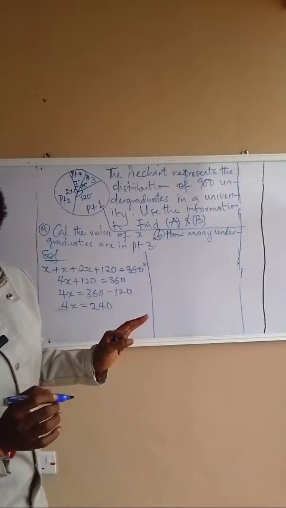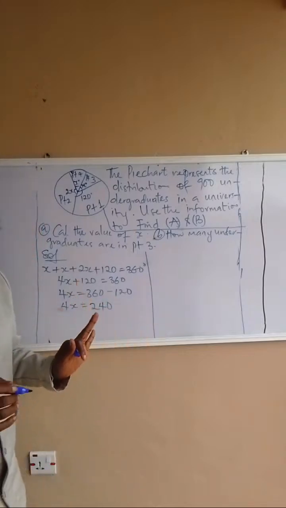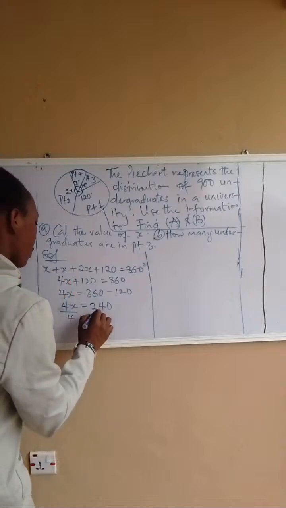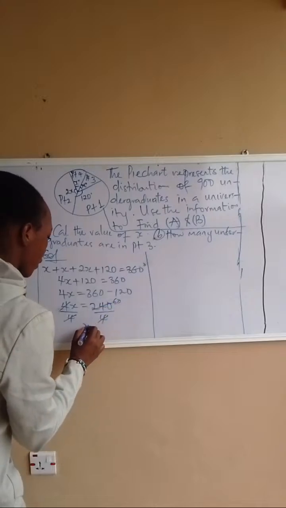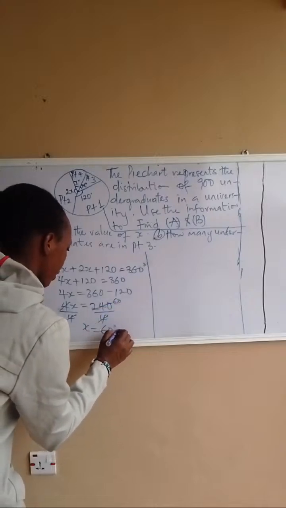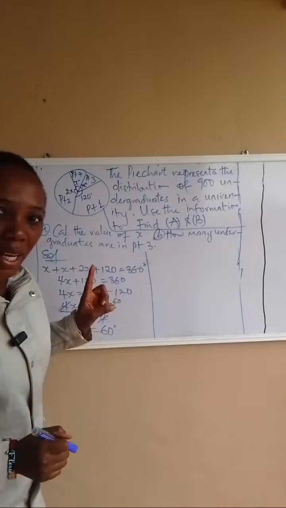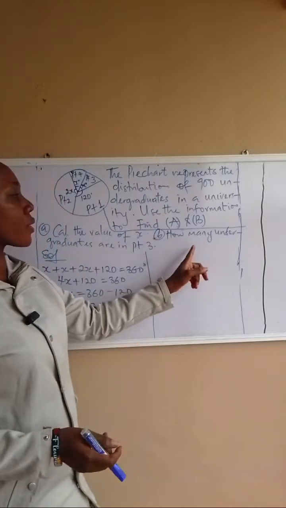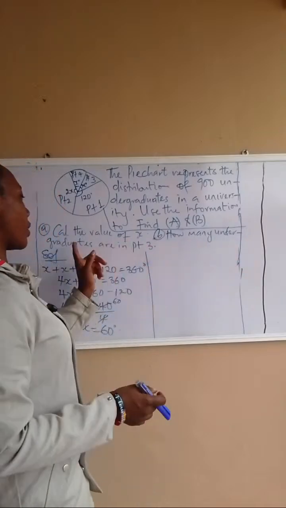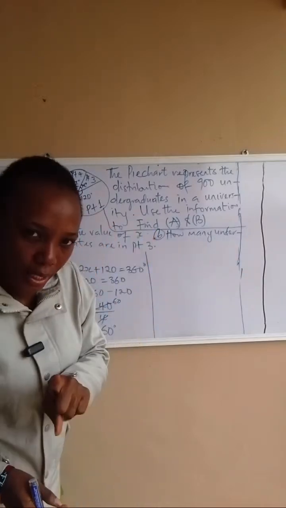We divide both sides by 4, and we get 60. So our x is 60 degrees.